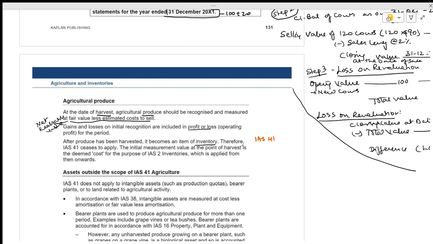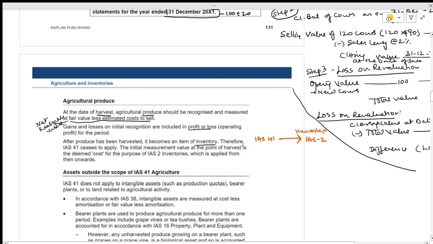Once it is harvested, it will become IAS 2. The transformation that is happening from IAS 41 to IAS 2 is most important.